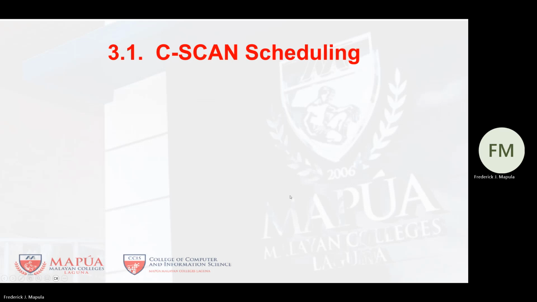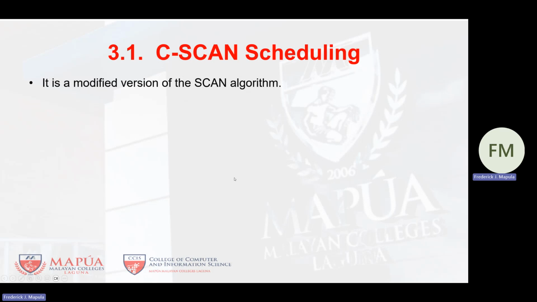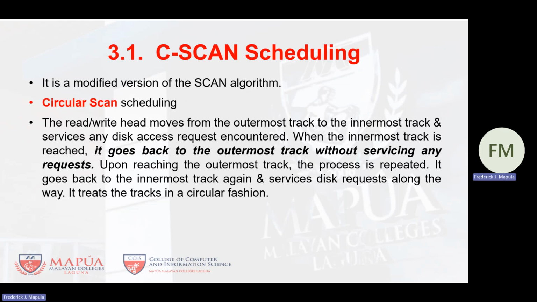Okay? So, next, we have the C-SCAN scheduling. It is a modified version of the SCAN scheduling algorithm, circular scan scheduling. The read-write head moves from the outermost track to the innermost track and services any disk access request encountered.